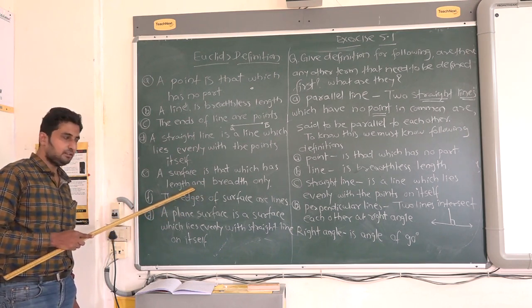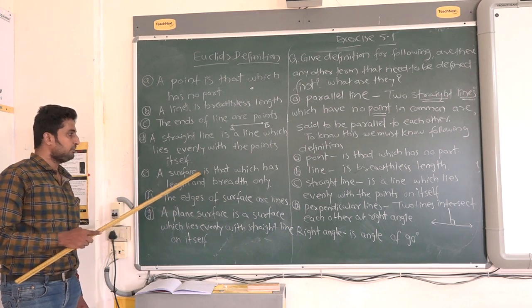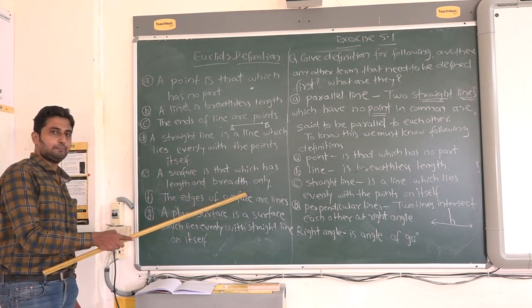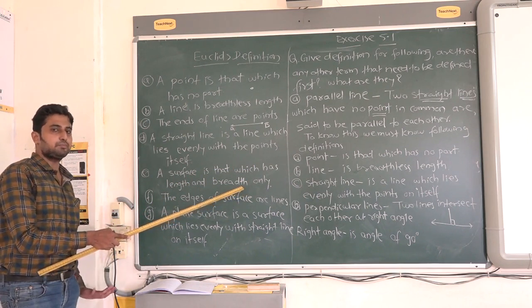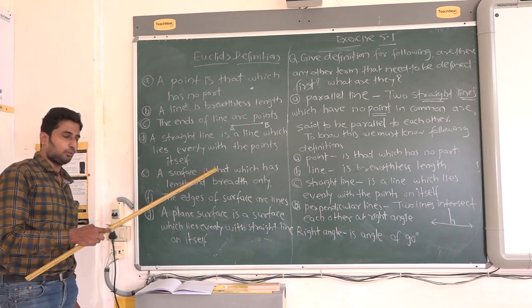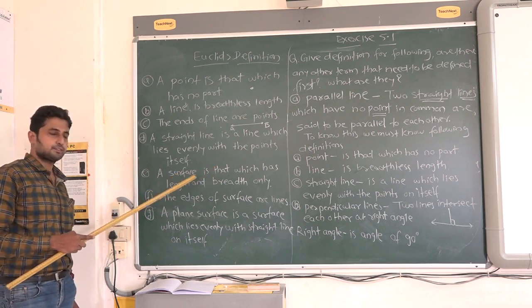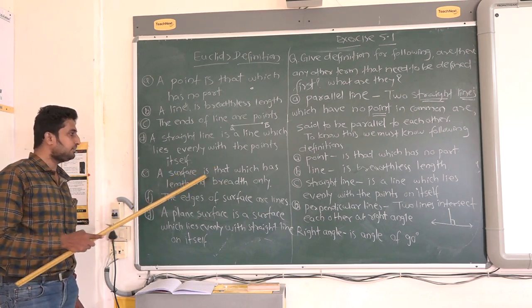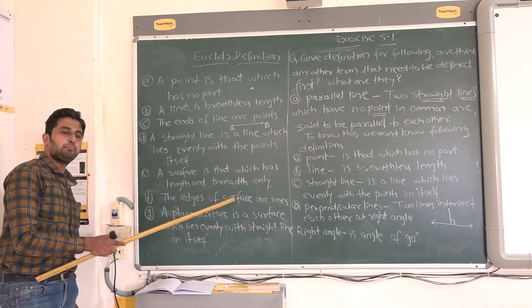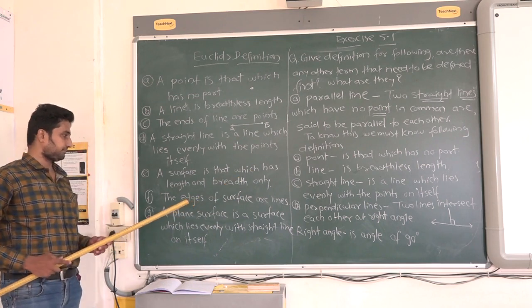One is length, the second is breadth. So a surface is that which has length and breadth only. It contains length as well as breadth. That's why the composition of this length and breadth is known as the surface.